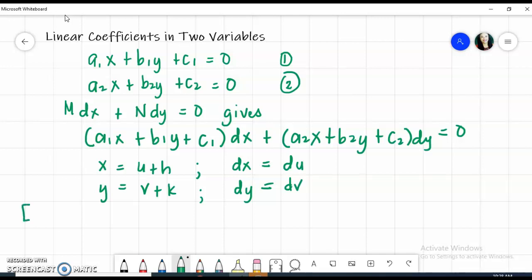We have a1 times (u plus h). We substitute x with u plus h.